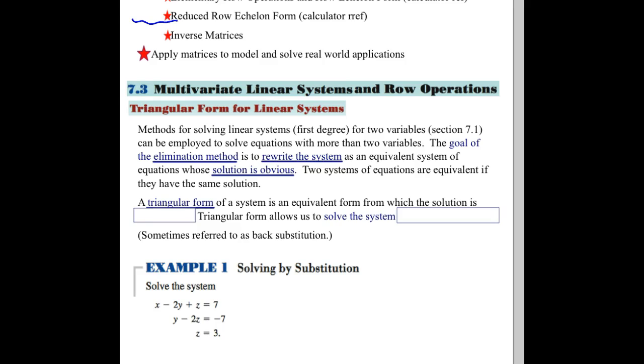A triangular form of a system is an equivalent form from which the solution is easy to read. Triangular form allows us to solve the system using substitution.